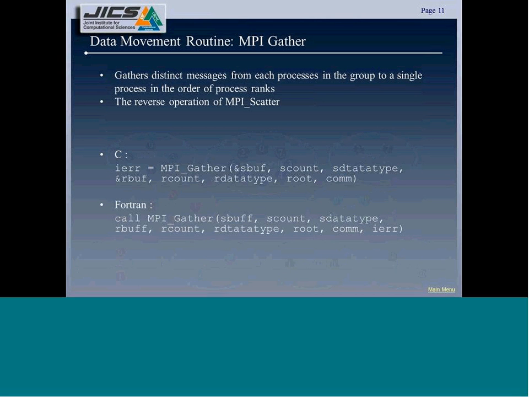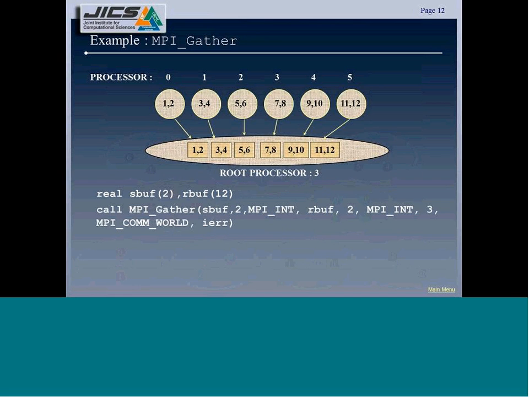So this is basically a reverse operation of MPI scatter, and it can show how processes in the communicator have equal size, 2 integer size arrays, and the MPI gather function will make sure that all of these processes send to a single root process, which in this case is again process 3, and the receive buffer for process 3 will have all of the 12.